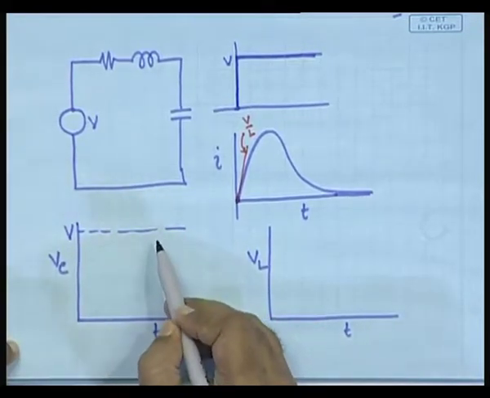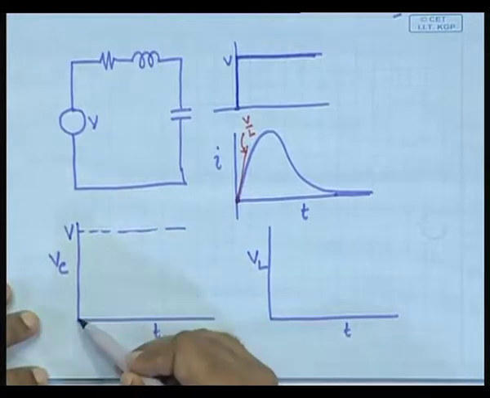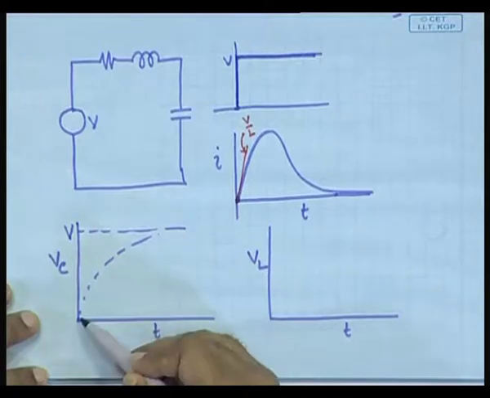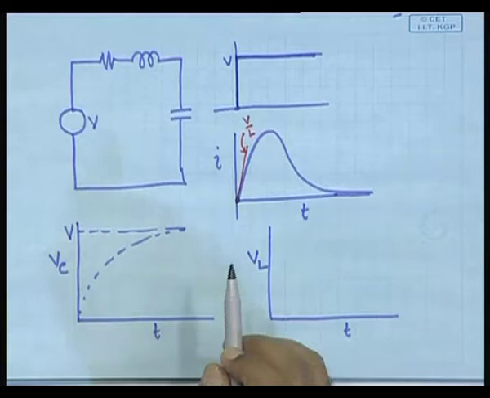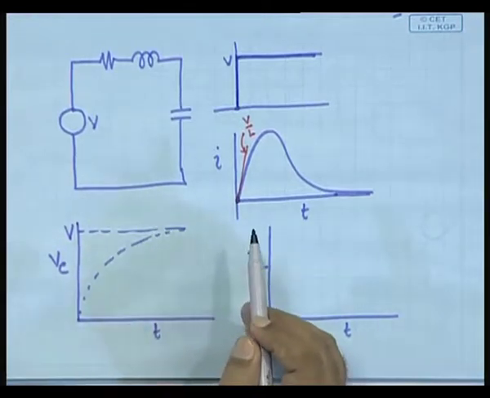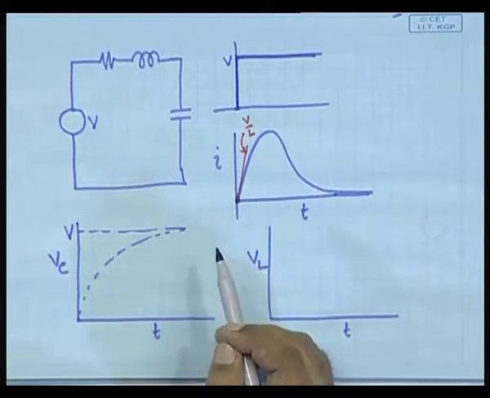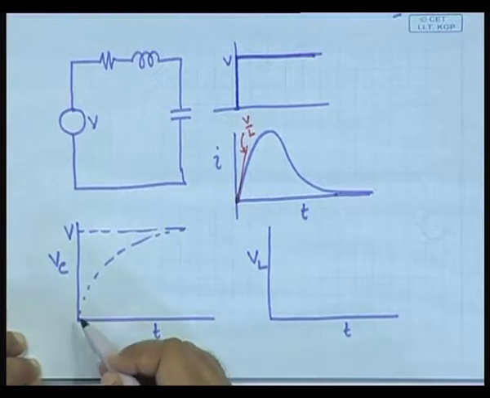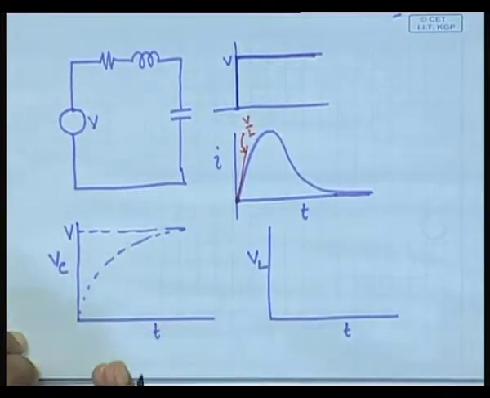But you can easily see there are two possibilities of doing like this. One is like that. Will it go like this? Will it go like this? Let's consider exponential rise up to this value. Is it correct? So, here the moot question is dVc dt, that means the slope here. So, what is dVc dt?